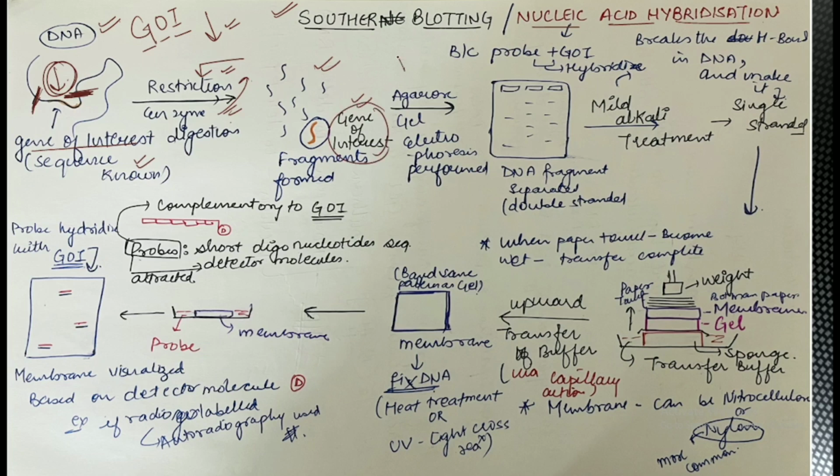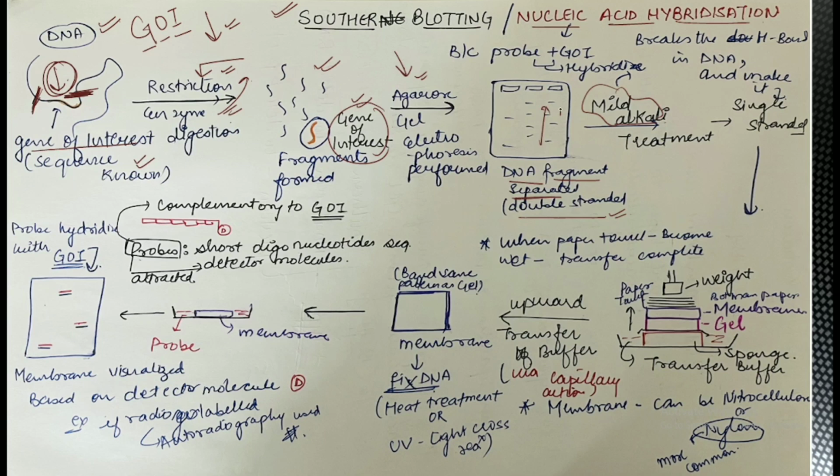Now second step is the performance of the agarose gel electrophoresis. When the electrophoresis process is done, the DNA fragments get separated, the double stranded DNA fragments would be separated, and as a result of that, we would lead it to the mild alkali treatment. Why? Because we want single stranded DNA.